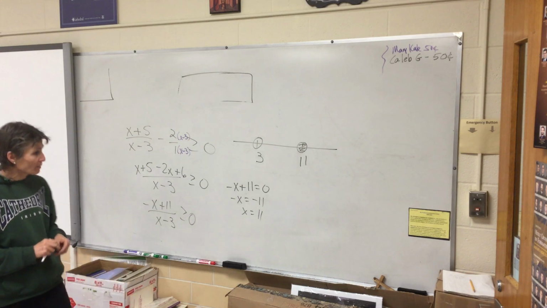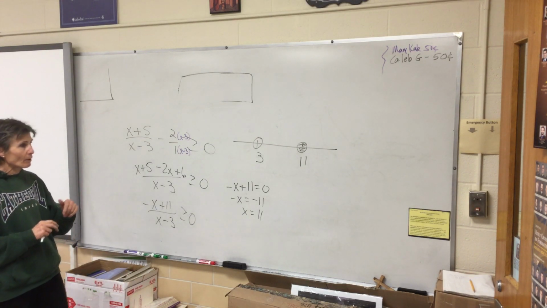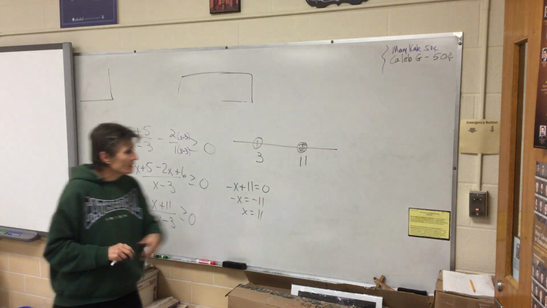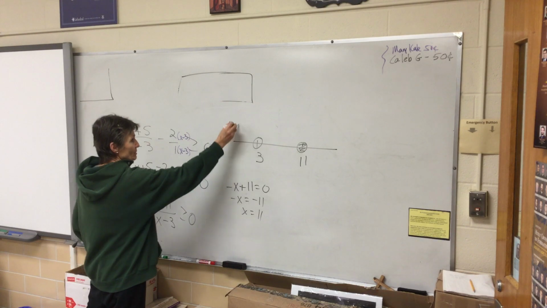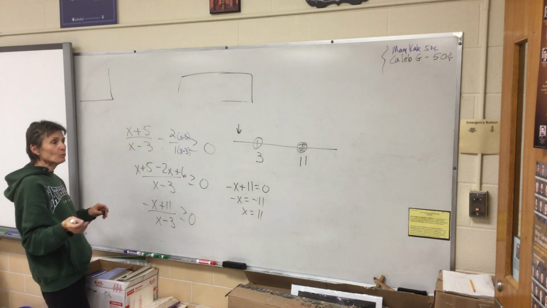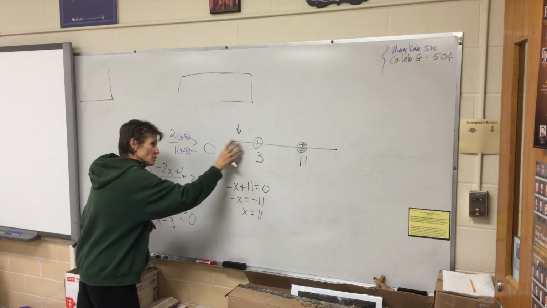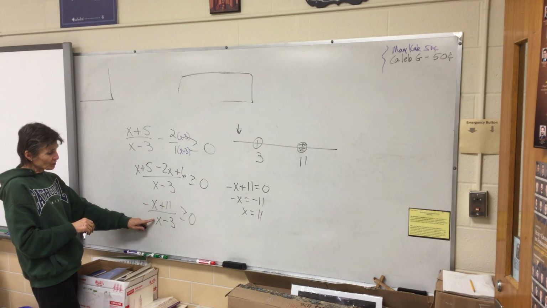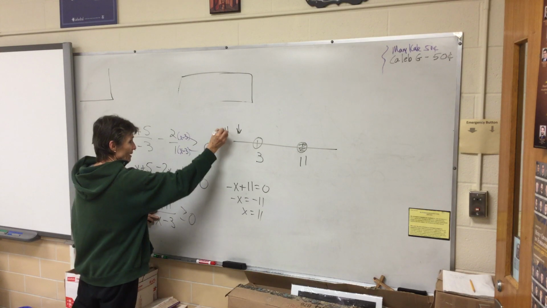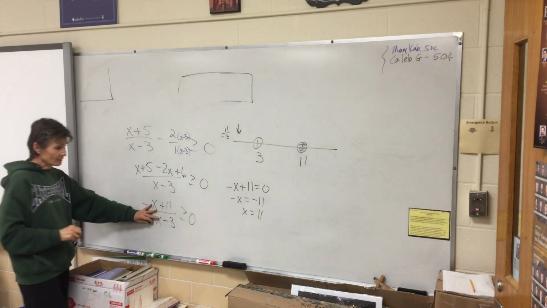Now I'm going to pick a number, and I can pick any number I want except these 2. So I like 0. For me, 0 is the easiest thing, so I'm going to pick 0. 0's out here. So what I'm doing is trying to figure out if I'm going to shade out here. So I'm just going to put 0 back into my fraction, and I get 11 over negative 3.